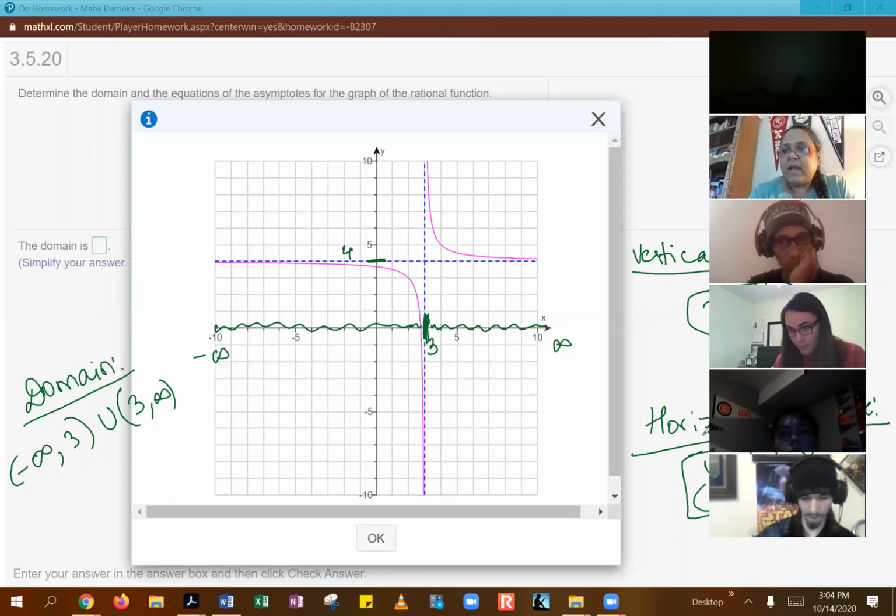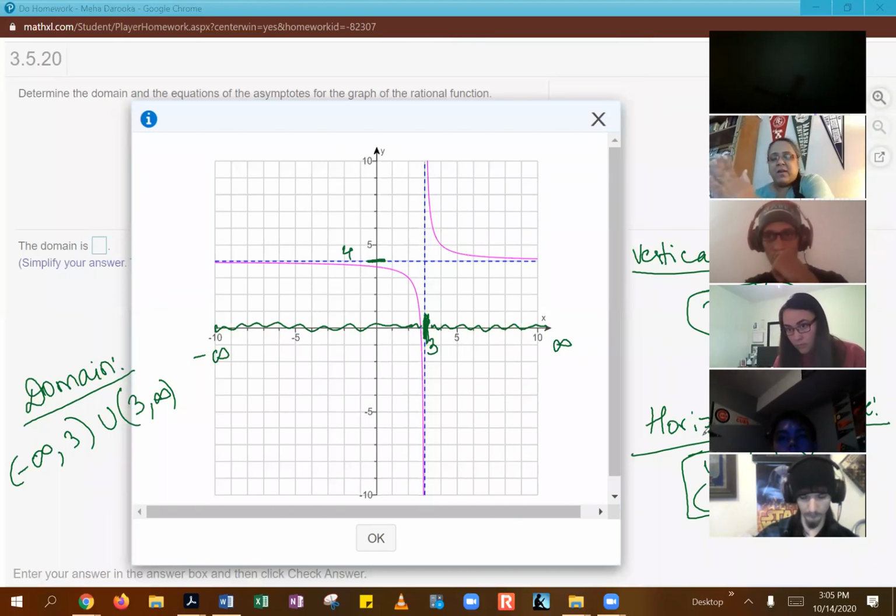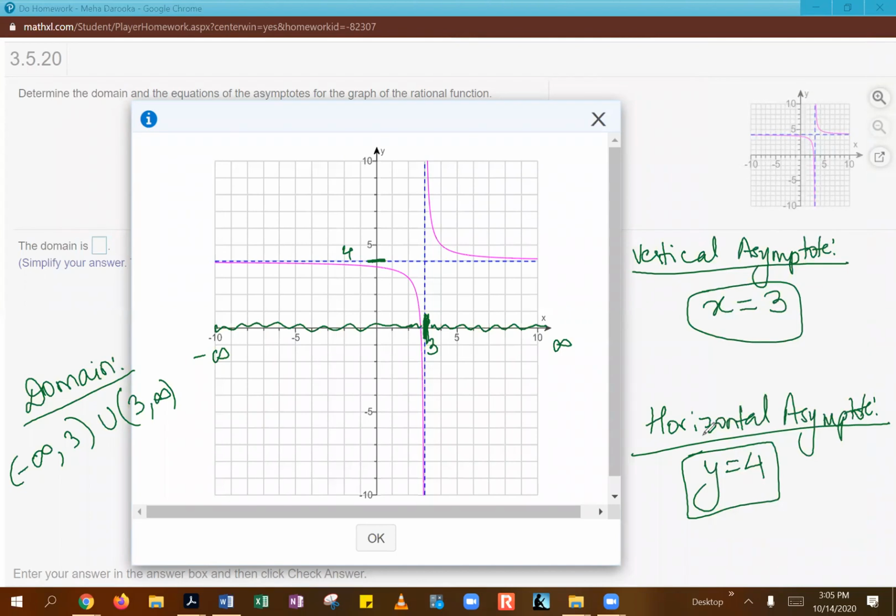Always write your horizontal asymptote, vertical asymptote, or even oblique asymptote as equations of lines. So they should always be in the format of x equals something or y equals something. Don't just write the numbers, 3 and 4, because these are lines. So you have to write them as equations of lines and not just as numbers. All right, let's check our answer over here then.